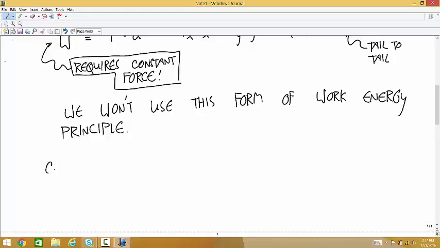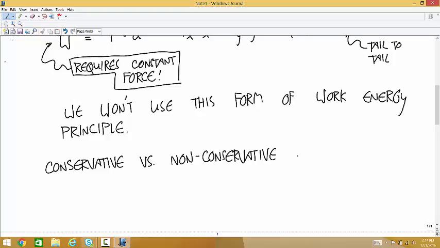So now we have to talk about conservative versus non-conservative forces. A conservative force is a force that only depends on the object's position.